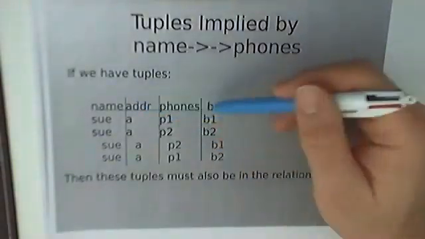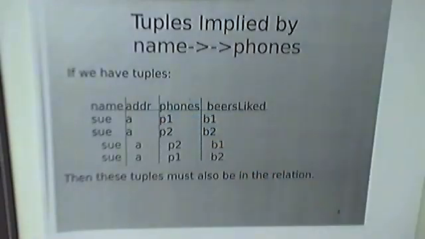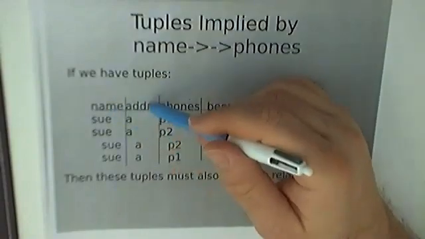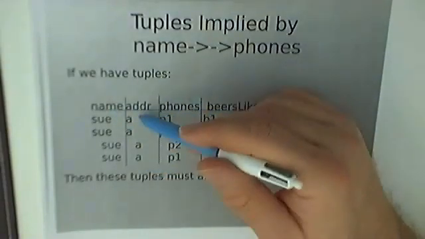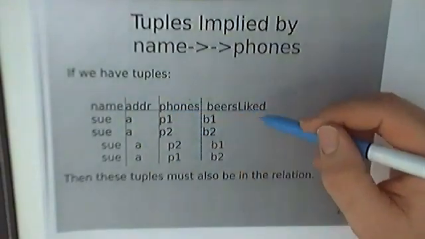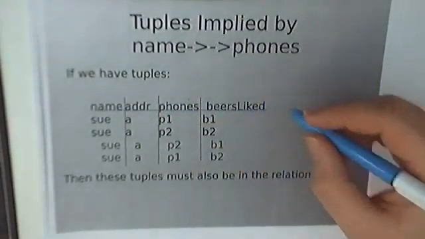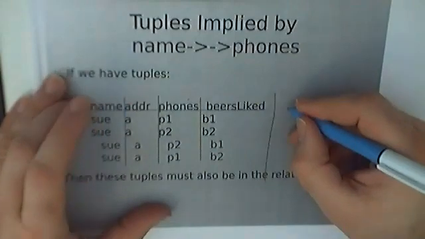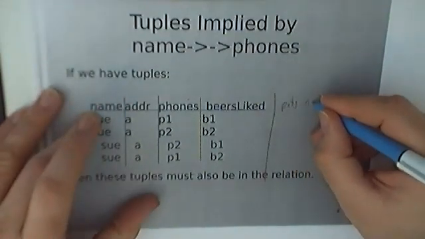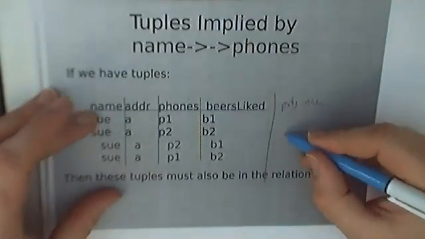If you have name determining the address, that makes sense because you can have multiple addresses and phones, address-phone combinations, and beers liked. Actually, it's not quite the example, but what I was trying to get to is if you had something else out here, name, and let's say something like pet's name, then this will wind up getting replicated quite a bit as well.